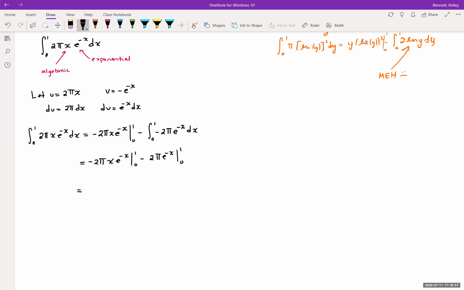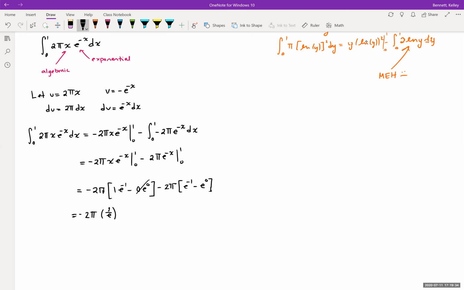So now I really am going to pull out this negative 2 pi. When x is 1, I get 1 times e to the negative 1, and when x is 0, 0 times e to the 0, minus 2 pi times e to the negative 1 minus e to the 0. So we can go ahead and simplify all this. Negative 2 pi, this guy dies, so that's just 1 over e.